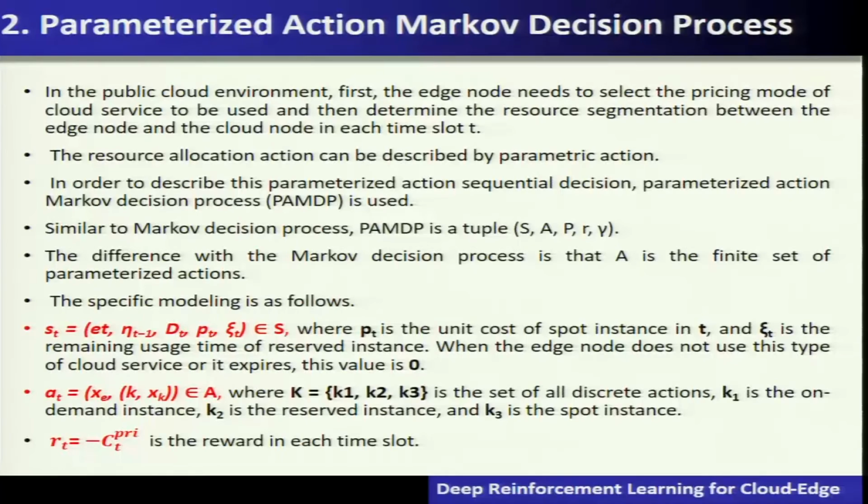So this particular decision is a discrete decision. If the public cloud is also considered in the cloud edge environment, then this becomes a parameterized action Markov decision process.